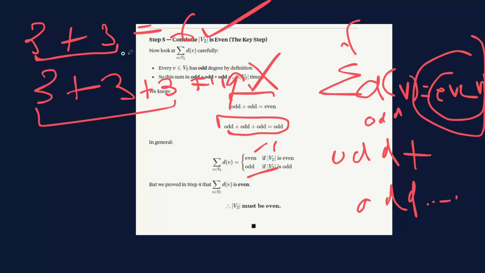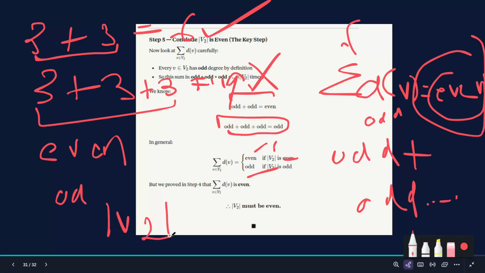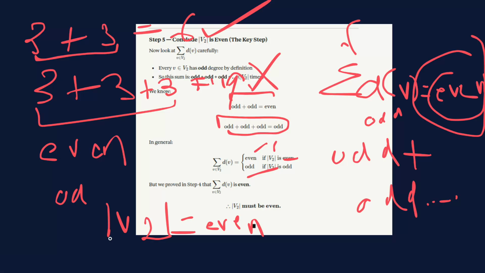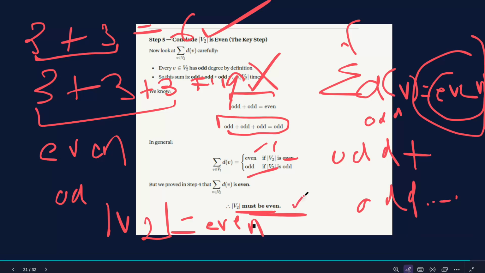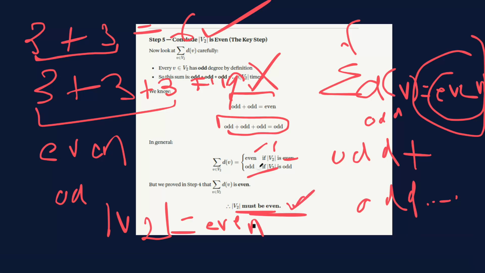So V2 should be even for this to work: the number of vertices with odd degree should be even, then only we can get their sum to be an even number.